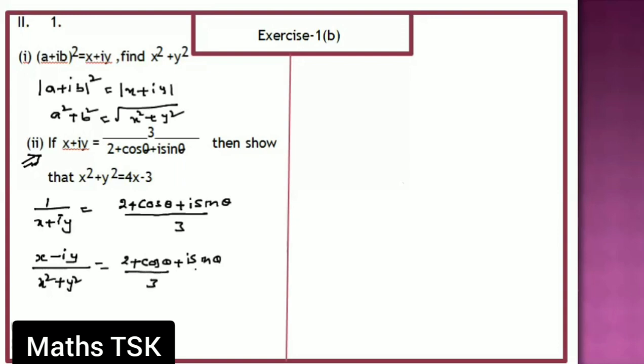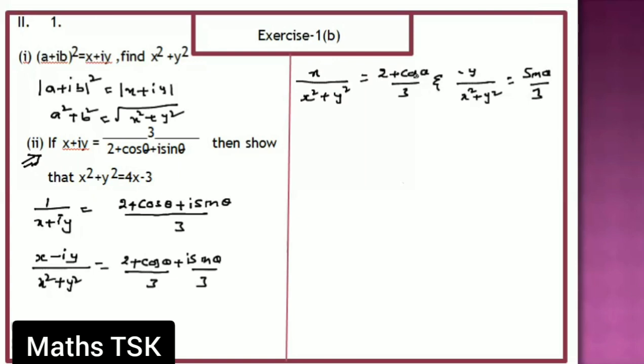Now when you compare the real and imaginary parts, we get x by x square plus y square is equal to, real part this side, (2 plus cos theta) by 3, and imaginary part is minus y by x square plus y square is equal to sin theta by 3.